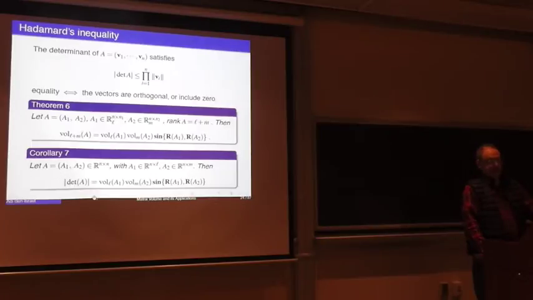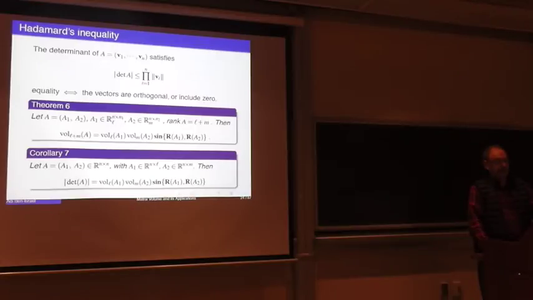The corresponding statement for the volume is that the determinant, now I break the matrix into two submatrices, A1 and A2, and the absolute value of the determinant is the volume of A1 times the volume of A2 times the sine of the angles between the ranges. So this is a pretty result, but I cannot see that it will ever be used for anything useful.